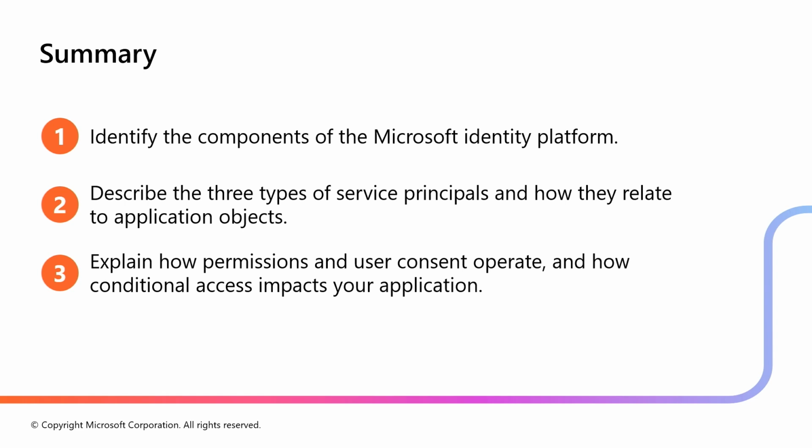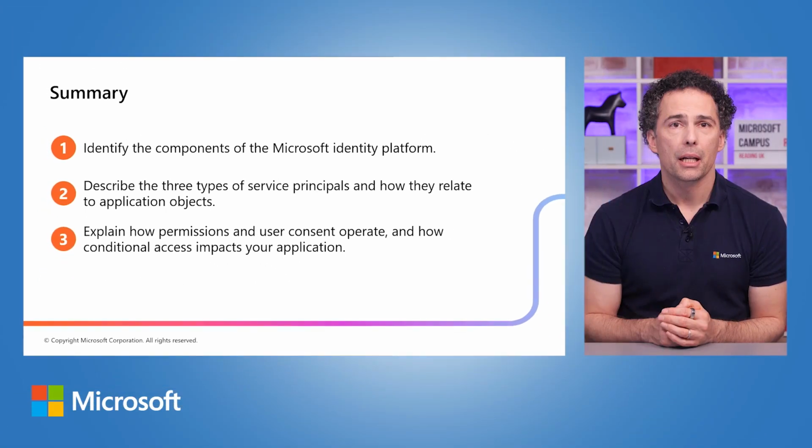In this unit, I identified the components of the Microsoft Identity Platform. We described the 3 types of service principals and how they relate to application objects. I also explained how permissions and user consent work together and how conditional access impacts your application.